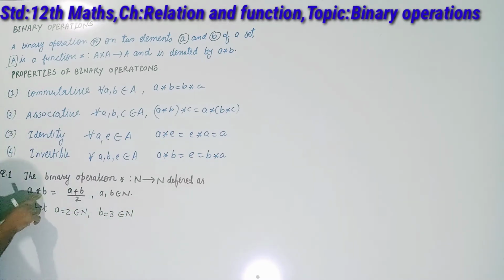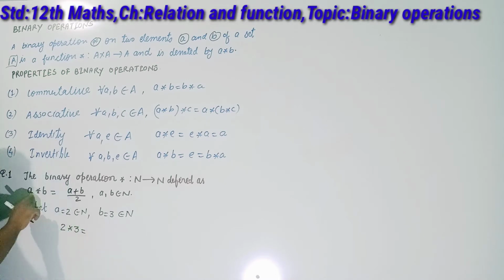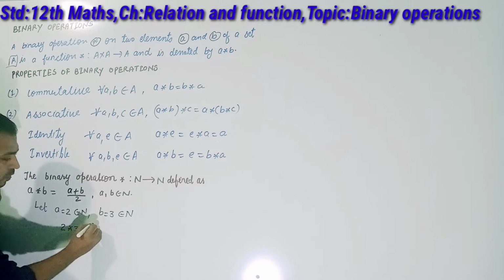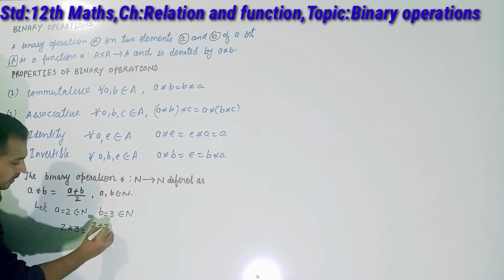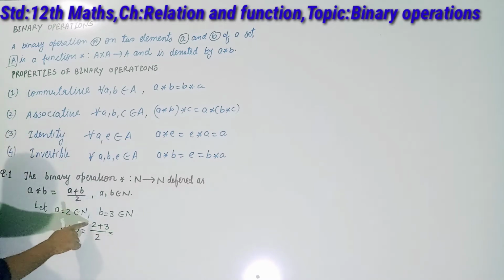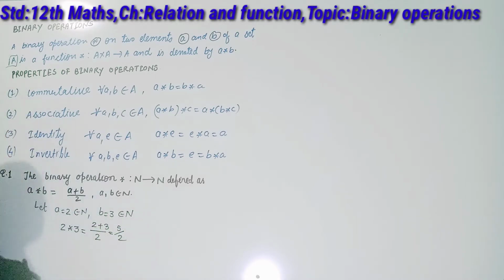So first of all, according to A star B, we will write 2 star 3. According to A star B, we get (A plus B) by 2. So we will get (2 plus 3) by 2, which is 5 by 2.